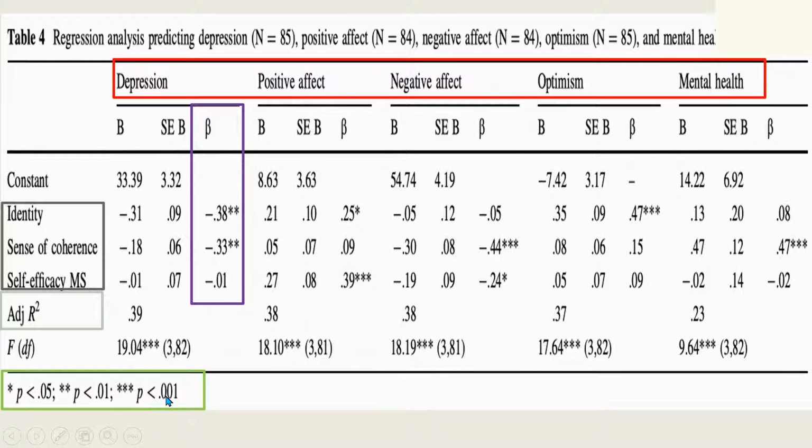And a p-value less than 0.001, that's very, very good. That's considered the strongest that you can have. And you can see here that the asterisks correspond to the significance. So for this one with identity, on the impact of depression as a dependent variable, the beta has a p-value of 0.01. So it is significant.